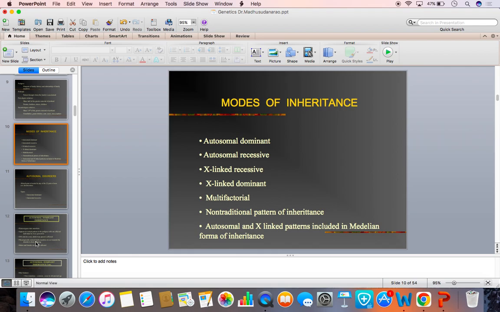He proposed the principles of genetic inheritance. That way we remember him, describing the autosomal and sex-linked patterns of inheritance in the name of Mendelian inheritance.